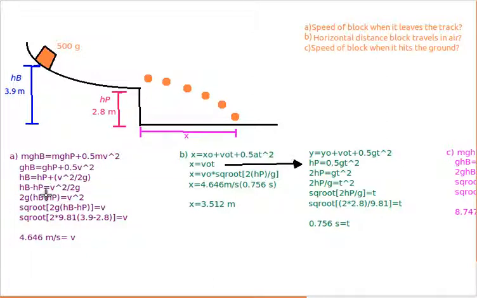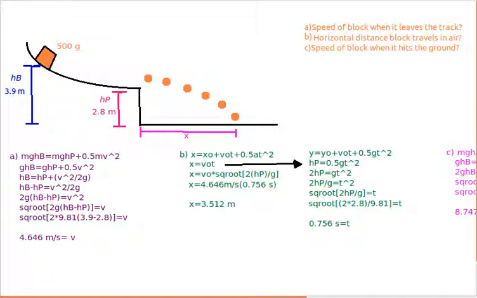Next, I subtracted HP from both sides, and then you can multiply by 2g, leaving you with 2g times HB minus HP equaling v squared, and finally you can square root both sides to give you your working equation right here. So now we can plug in our numerical values and we solve it to find that the velocity when the block leaves the track is 4.646 meters per second.